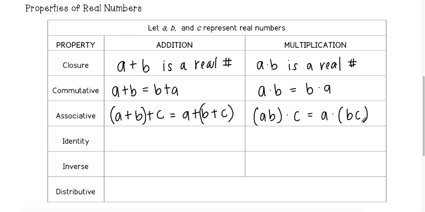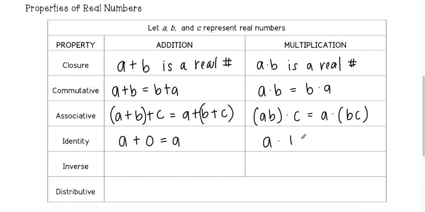All right, identity or additive identity. So again, the identity is something that does not change your number. So what can I add to a number and my number remains the same? 0. So the additive identity is 0. Okay, what do I multiply by and my number stays the same? 1. So the multiplicative identity is 1.